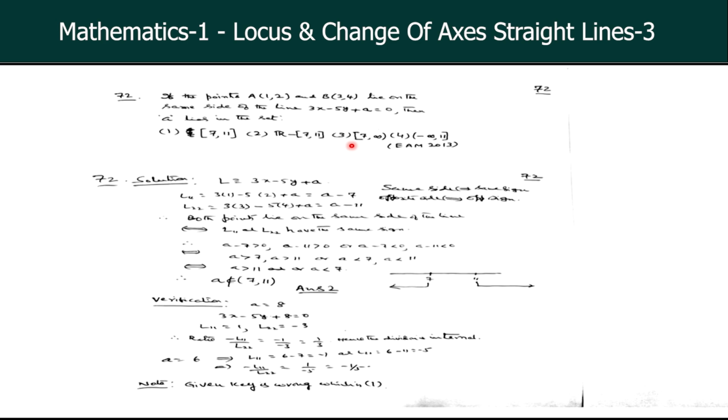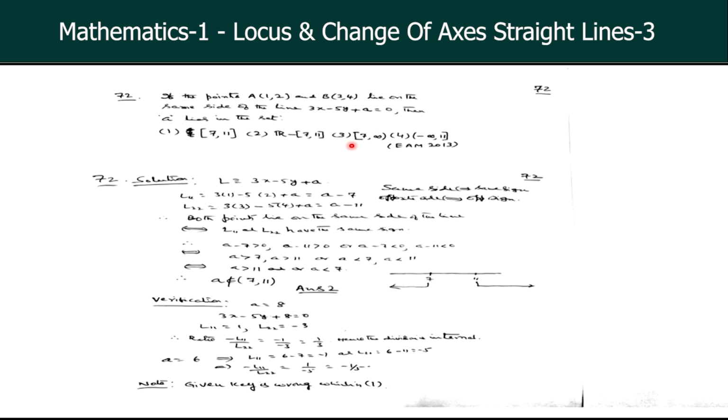All of you know that if L equal to 0 is a straight line and x1, y1 is a point, then L11 means in the line expression you replace x with x1 and y with y1.